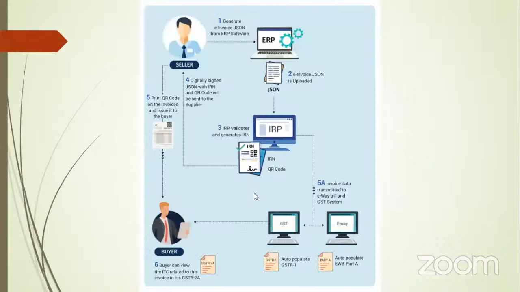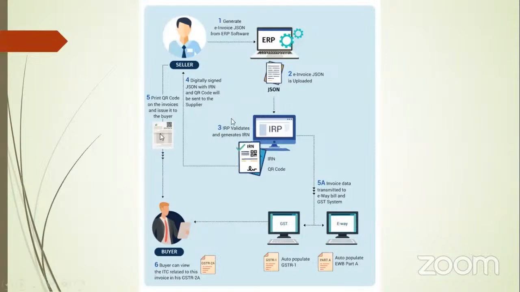Now moving on to the process, how does e-invoicing work? We are taking a case where the software has been integrated for the purpose of e-invoicing. The seller feeds his information and sends the JSON file of the invoice to IRP. The IRP will validate that JSON, check for duplication, and if there's no issue with the invoice, they will generate the e-invoice.